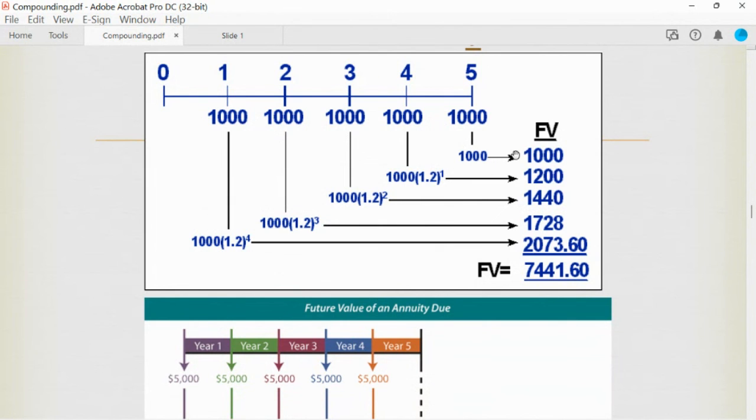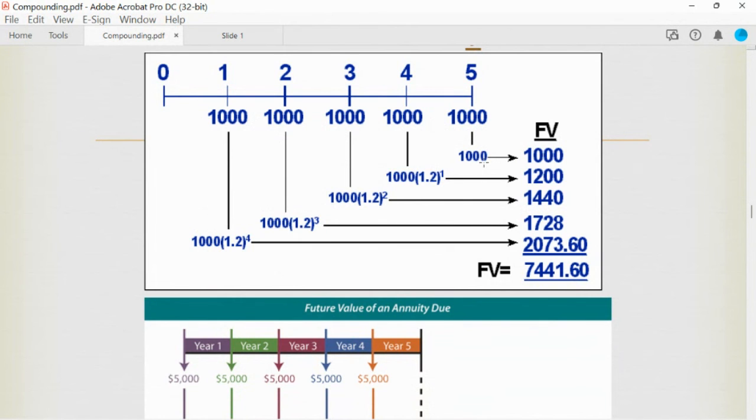Fourth, and the last one will not earn any interest, because at the end of year 5, that's not even a deposit. You just dip it into the bank and take it out right away.